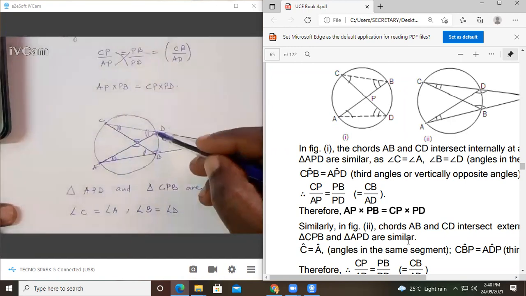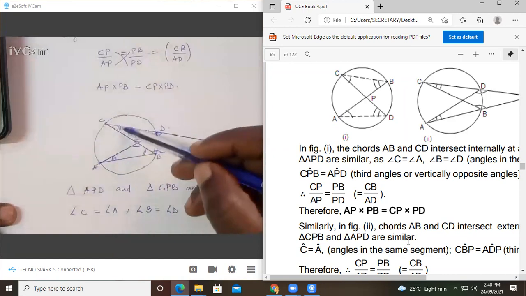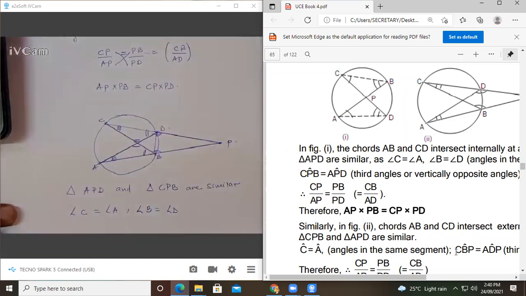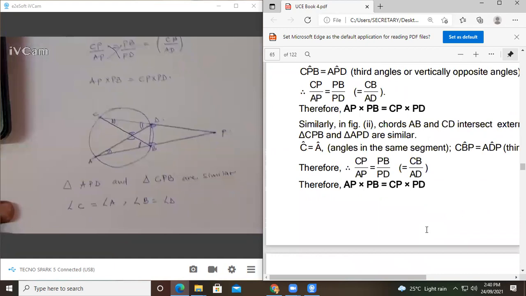Suppose we draw a line here. This will be in the same segment. Something like that. Okay, so that's what you have to know.